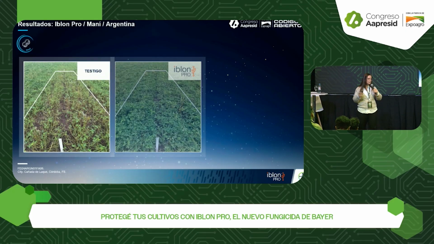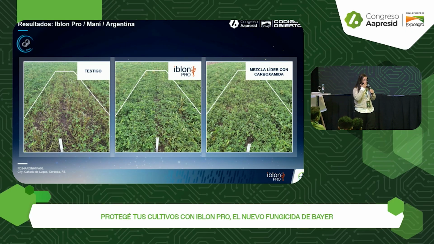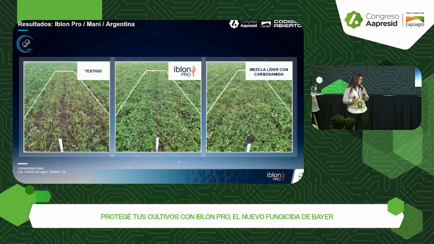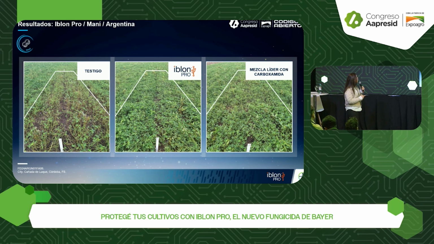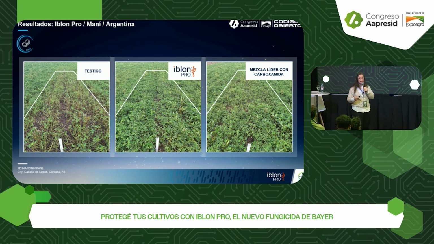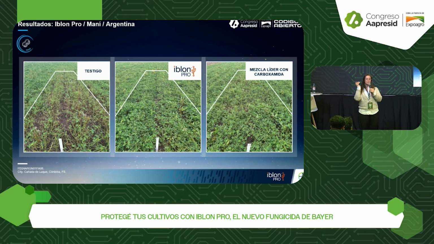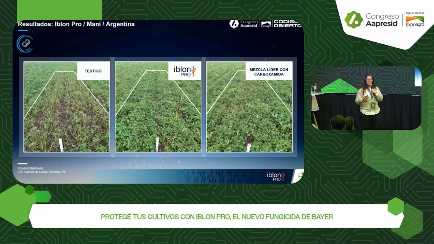Excellent control and performance for this disease in corn. And now, almost getting to the end of the crop cycle, you can see that the peanut is different on the check stand, and you can see the plot with Iblon Pro and the leading product with carboxamide.